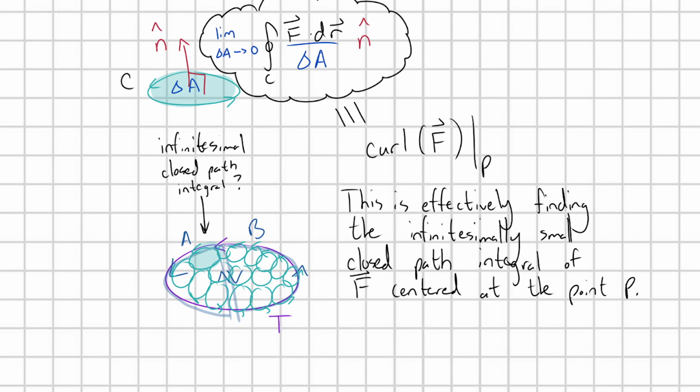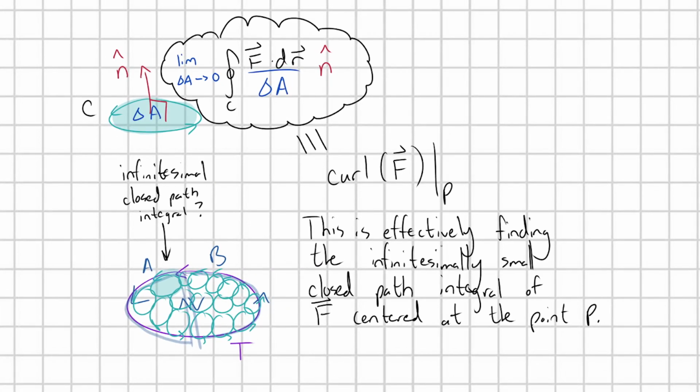There we go. So this notion of curl is finding infinitesimally small closed path integrals. Taking the curl of your function, you don't necessarily have to evaluate at just one point.